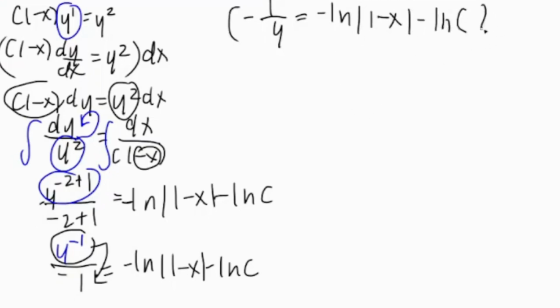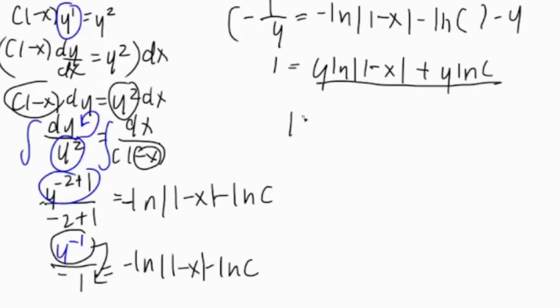Multiply natin both sides by negative y since ito yung denominator. Magiging 1 is equal to ln y ln 1 minus x plus y ln c. Pwede natin itong makombine so magiging 1 is equal to y ln c times the quantity 1 minus x. So yan na yung final answer natin.